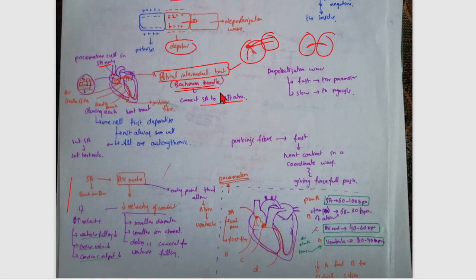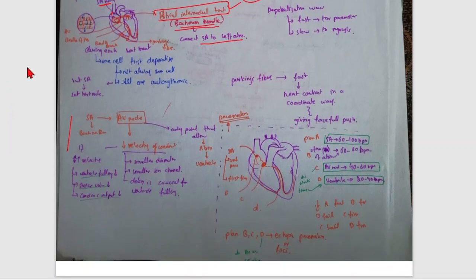Now, the second thing after that is the bundle of His. From the bundle of His, it goes to the bundle branches, left bundle branch and right bundle branch, and after that to the Purkinje fibers.